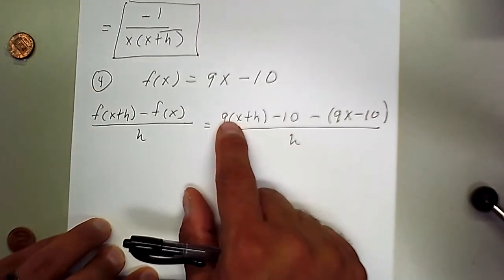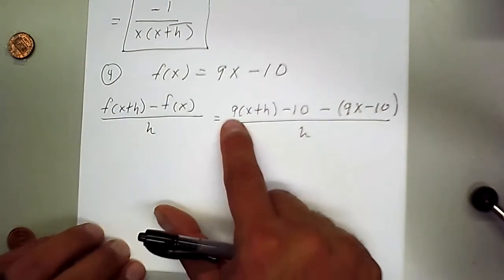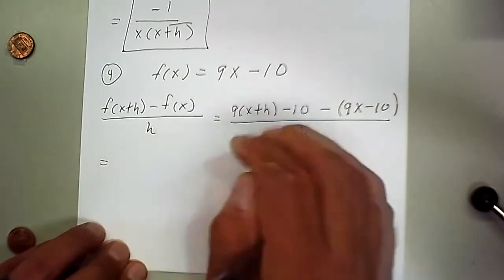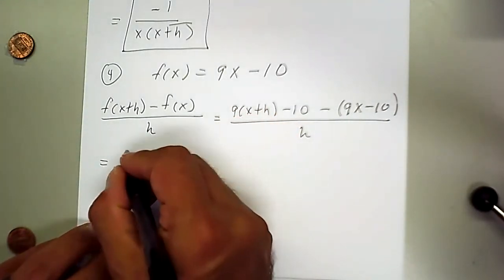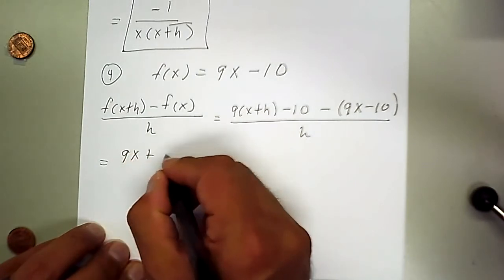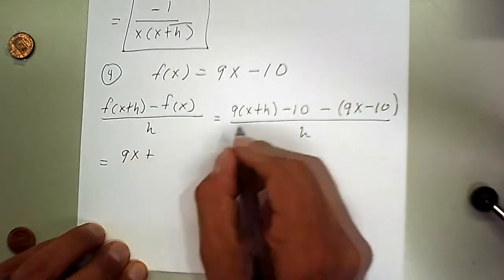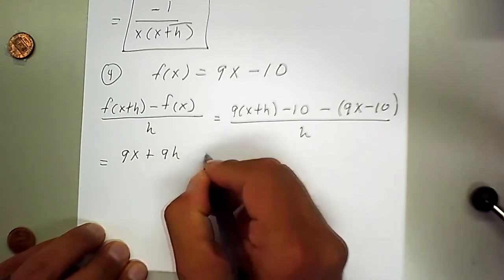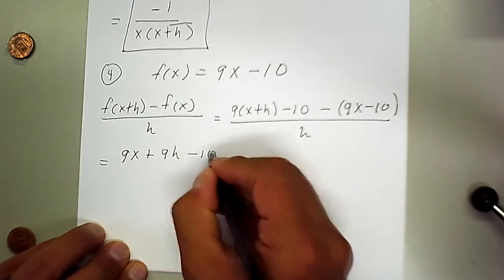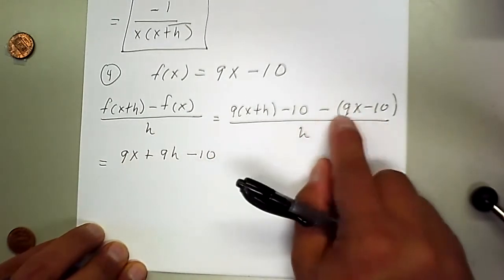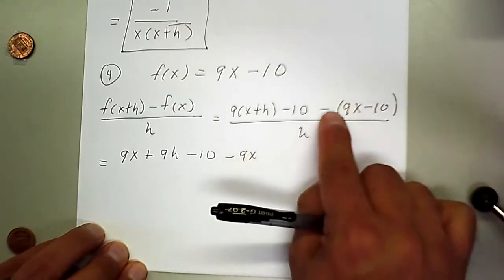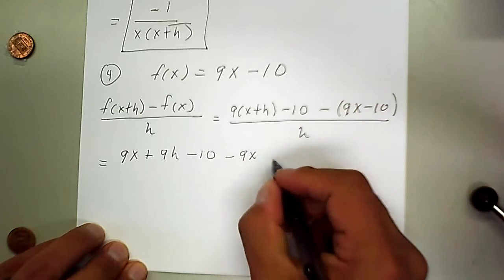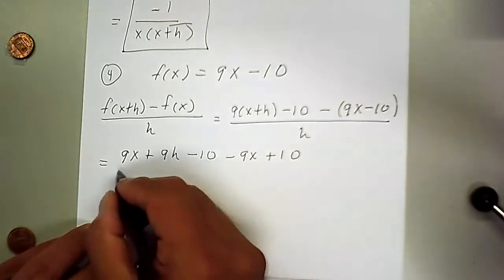All right. Let's do a little bit of algebra. Let's distribute the 9 over those two. So we have 9x plus 9h minus 10. Distribute this negative over those two, minus 9x, double negative, plus 10.